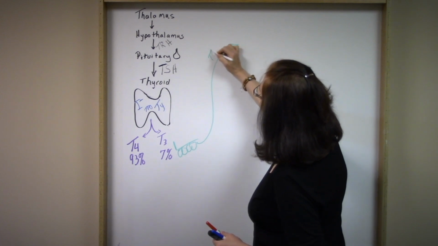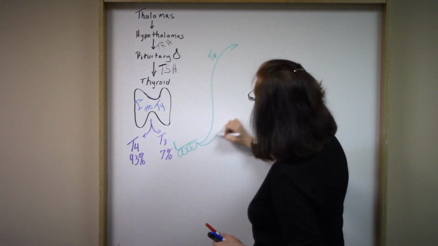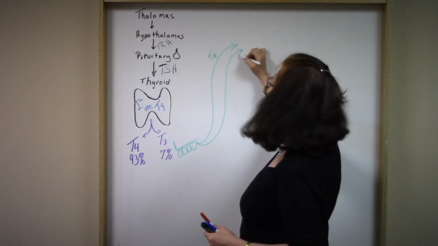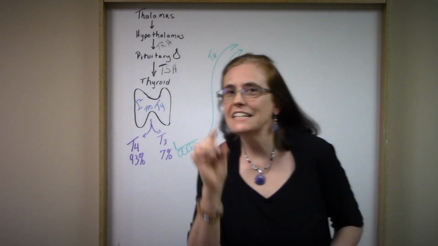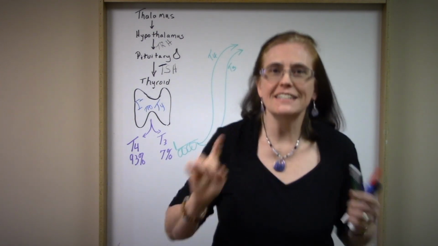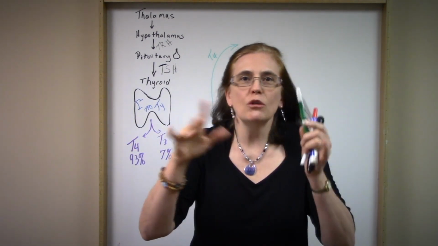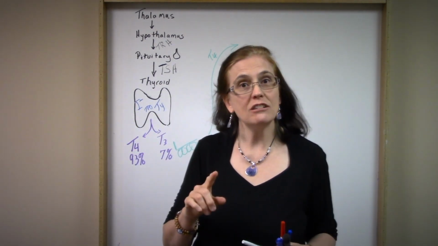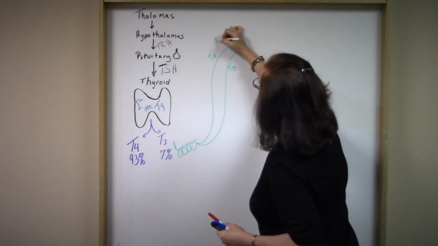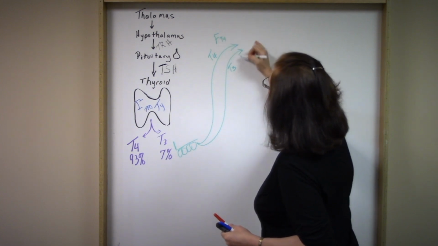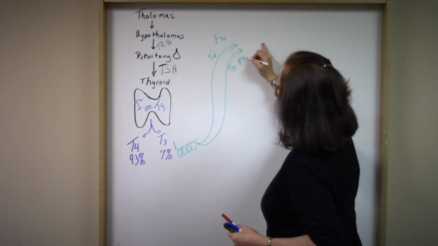Now, T4 and T3 will bind to the thyroid binding globulin, but there's always a little T4 and a little bit of T3 that doesn't bind. It's free. It floats loosely in the blood. And that's what we call free T4 and free T3. I'll write that as an FT4 and FT3.